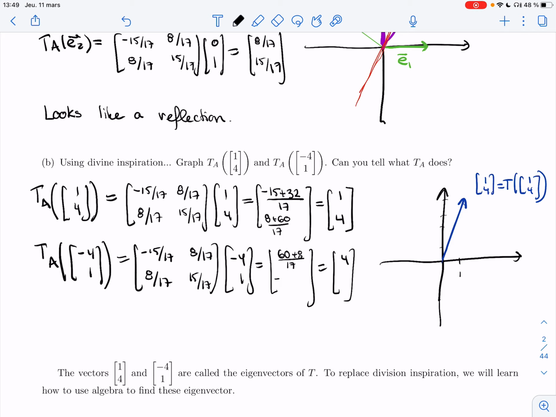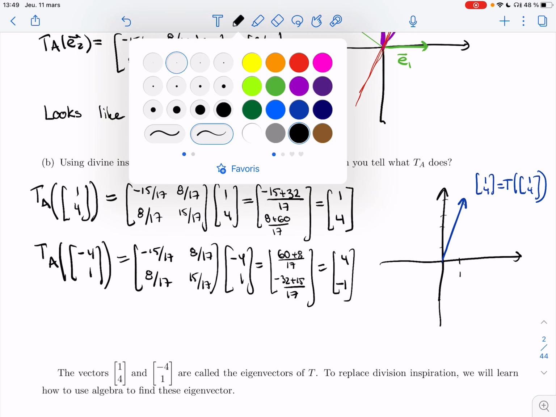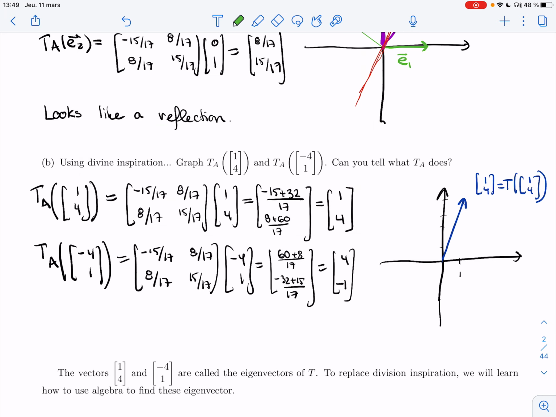And I get minus 32 plus 15 over 17. I get minus 1. All right, so now this one's a tiny bit tricky. So minus 4, 1 is sent to 4, minus 1.